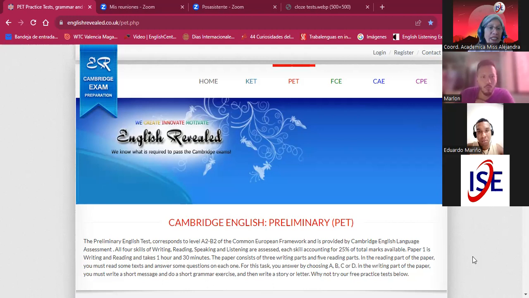Or you can get a C1 if you are a professional in language, like me. I behold. We don't say I have, we say I behold when we talk about academics. It's not I have C1 level. The correct register of lexicon is I behold a C1.